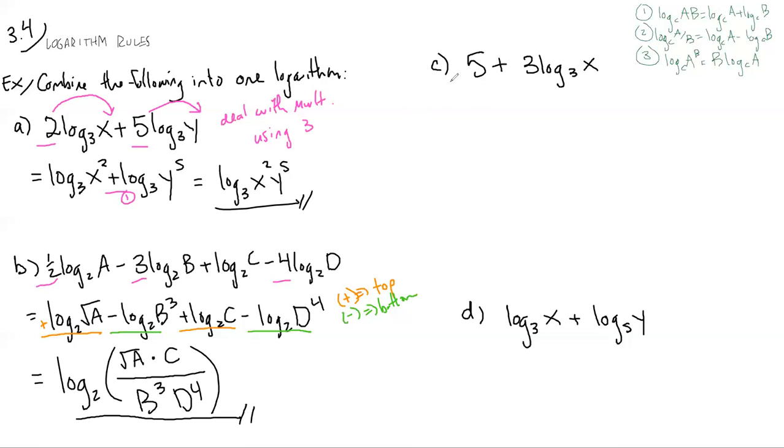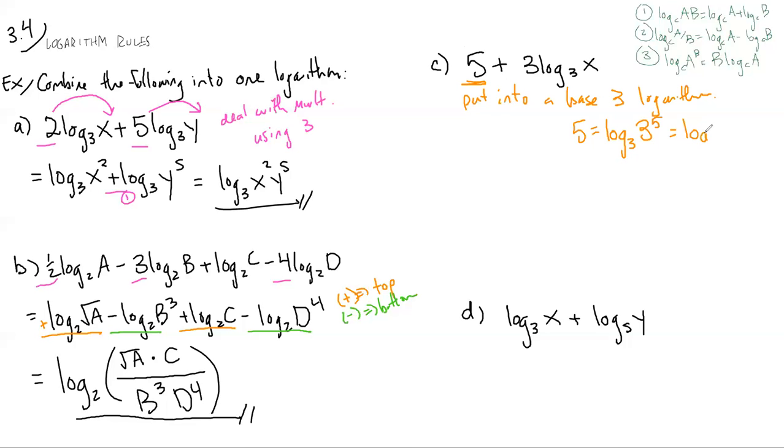So finally, C, this is what I was talking about at the start of the video. We need to put this 5 into a base 3 logarithm. So what we can do is write 5 equals log base 3 of, and that should be 3 to the power of 5. So the idea being that cancellation on the right would leave us with exactly 5, but I don't want the cancellation. I want it actually in that base 3 logarithm.